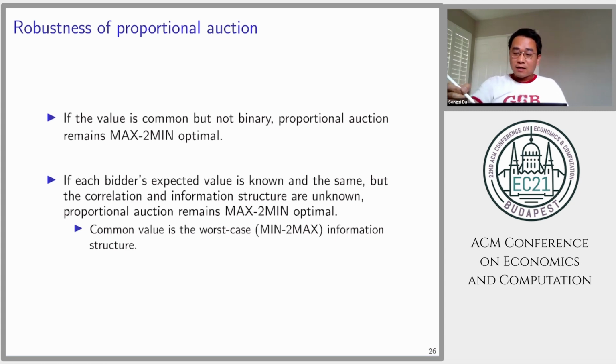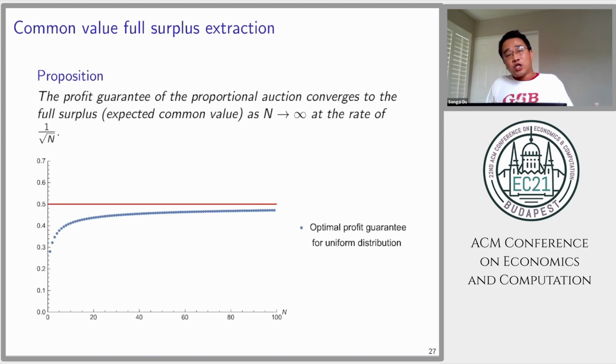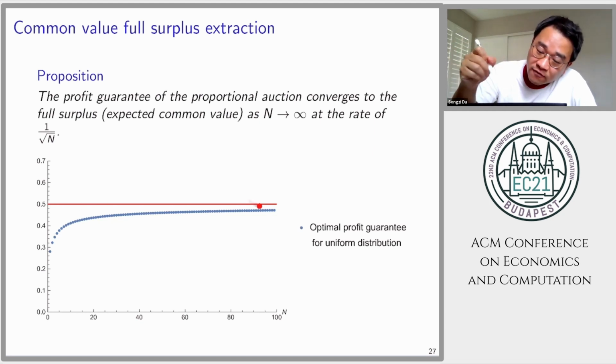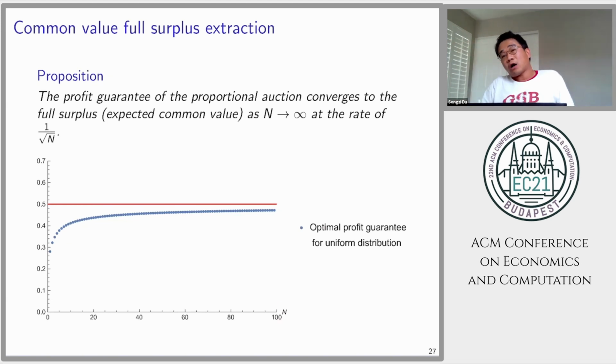And finally, the final sense in which proportional auction is good is that, going back to common value, the profit guarantee in the common value case given by the proportional auction will converge to the expected common value, which is the full surplus, as the market gets large, regardless of how information changes as we add more and more bidders.